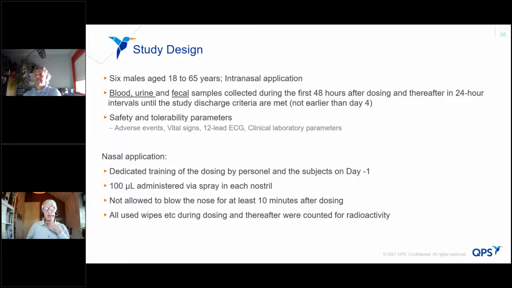Blood, urine, and fecal samples were collected, again 48 hours with regular intervals, and then later on larger intervals.